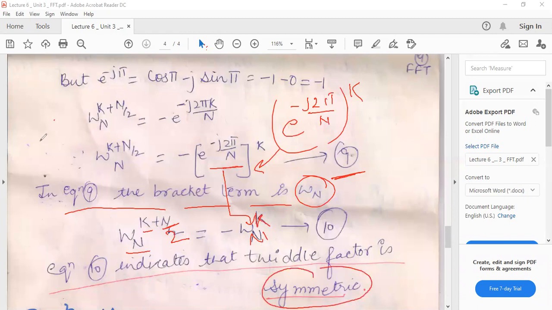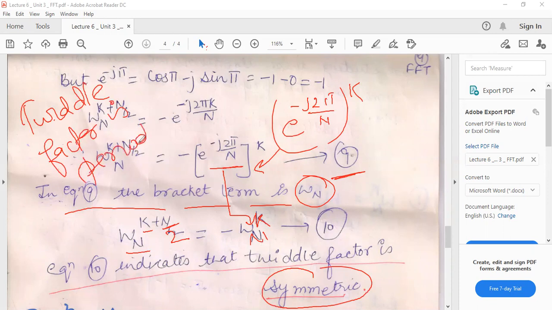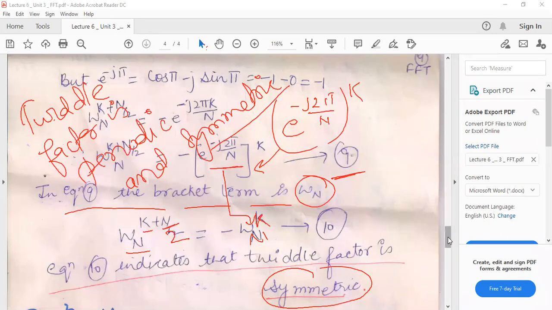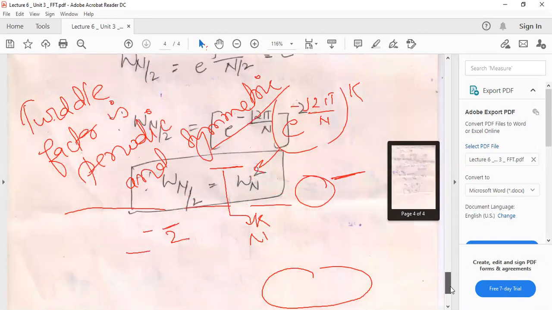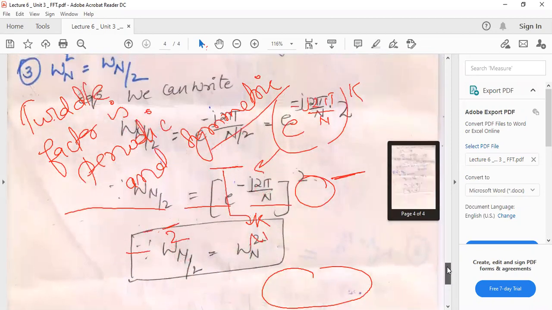So that means the Twiddle factor is periodic and symmetric. So why have we taken this one? Because we will require this Twiddle factor in computing N-point DFT using the FFT algorithms, right?